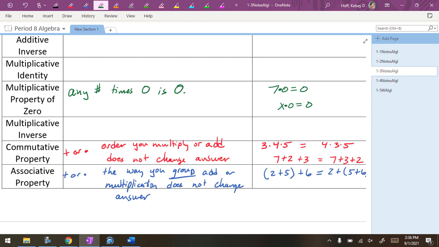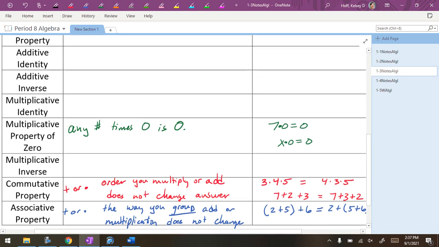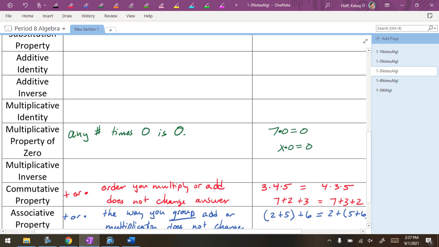What's inverse mean? Like reverse? What's inverse mean? The opposite. The opposite? So additive inverse. What could you give me as an example that would tell me additive inverse? Jackson? Would it be like if you were adding negative numbers? Give me an example, because I got to put an example up here anyway.